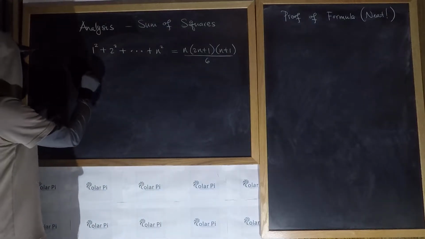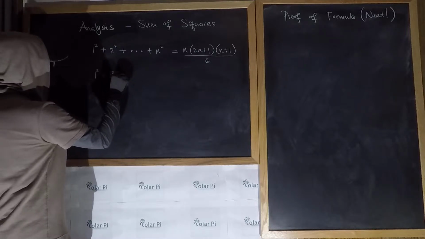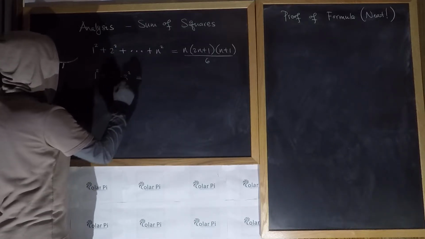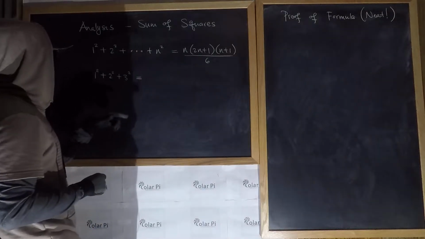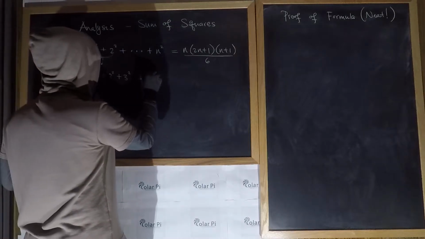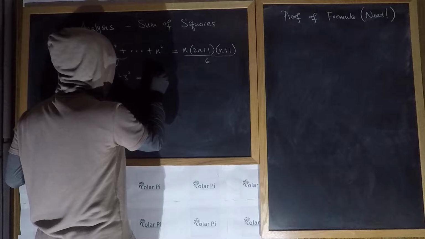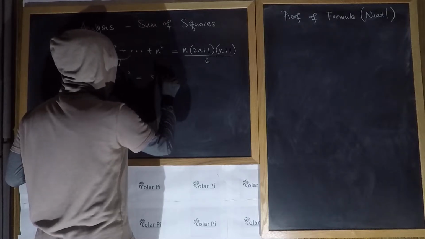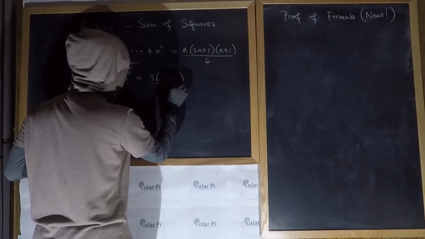Now, for example, 1 squared plus 2 squared plus 3 squared will equal, well, in this case n is 3, the terminating integer squared. So that would be 3 times 2 times 3 plus 1 is 7, times 3 plus 1 is 4, all over 6.